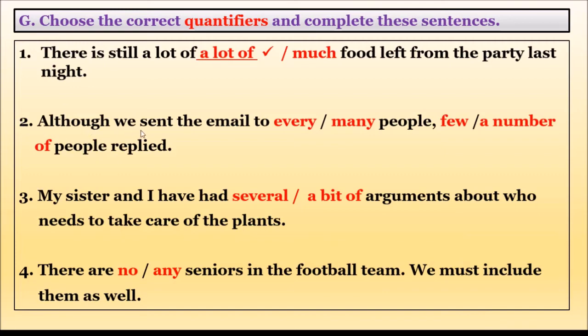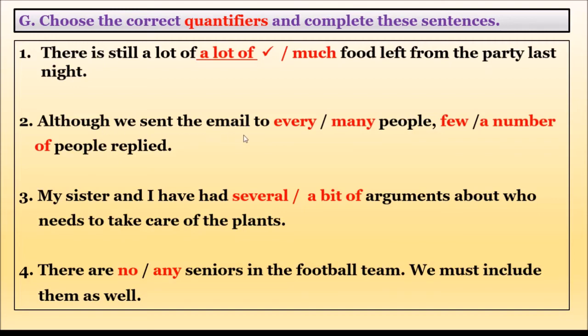Second one. Although we sent the email to dash people, dash people replied. Look, people is a plural, so we can't use every. Every comes only under the singular thing: every man, every boy, every group, right? But here people is a plural one, so we can't use every here.